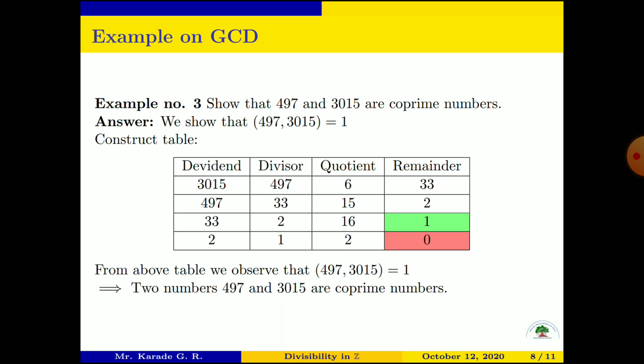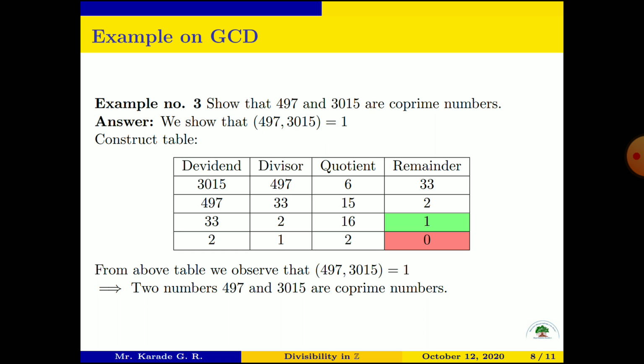Okay, so consider the table with columns dividend, divisor, quotient and remainder. First of all we divide 3015 by 497, and in the first row we get the quotient 6 and remainder 33.